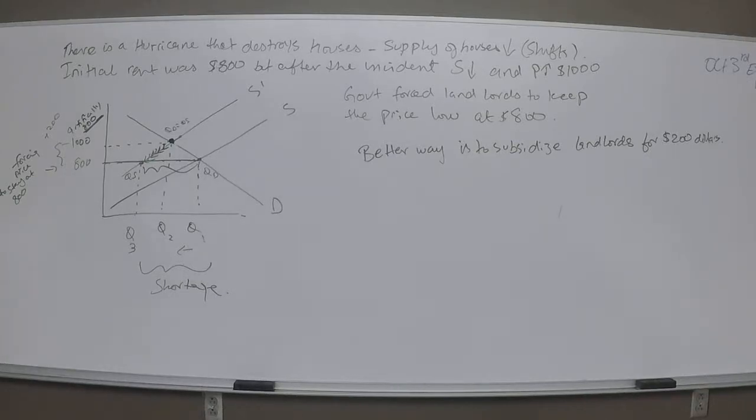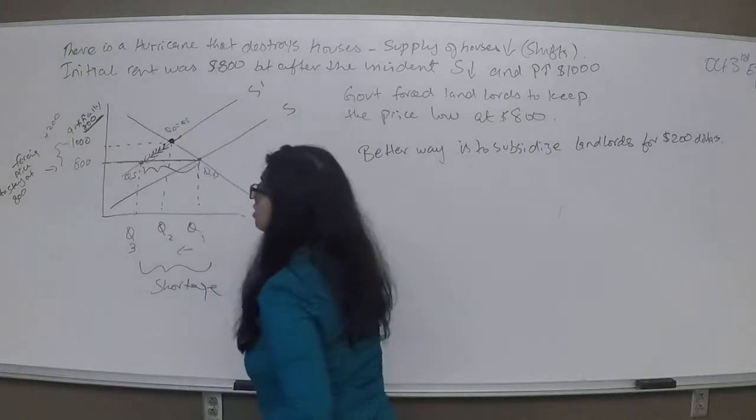Yeah. And I'm trying to think of a way to word my question, because I'm a bit lost, but I think I know what you're trying to say. So there wouldn't be a shortage because if this was a different graph, if there were two graphs, and the quantity demand and quantity supply are equal at 1,000, like this point.